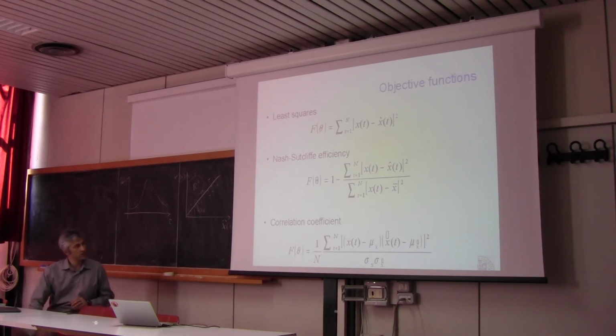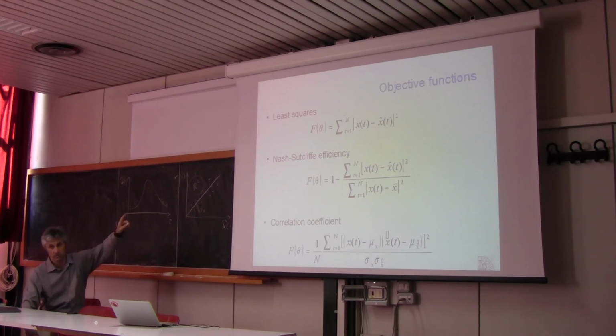Now, a question could be, what is a good value for the Nash efficiency? Because the advantage of using it is that we have a measure of model performances that is more informative. More informative because we can recognize by looking at the number if a model is good or not, while we can't recognize the same information if we look just at some squares.